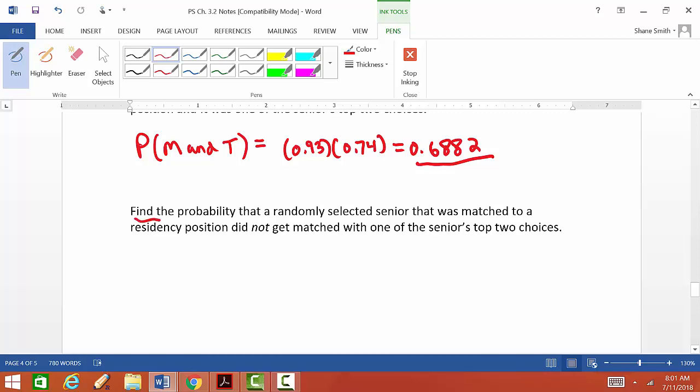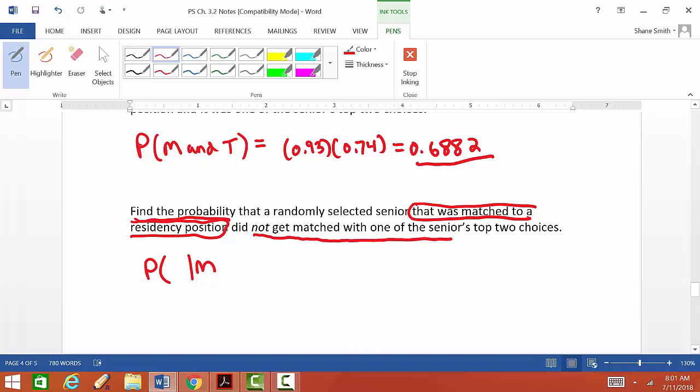So it says find the probability that a randomly selected senior that was matched to a residency position. So that was matched to a residency position, this part is what we're given. So we want to find the probability that if they were matched, what is the probability we're actually trying to find the probability they did not get one of the top 2 choices, which is T prime.